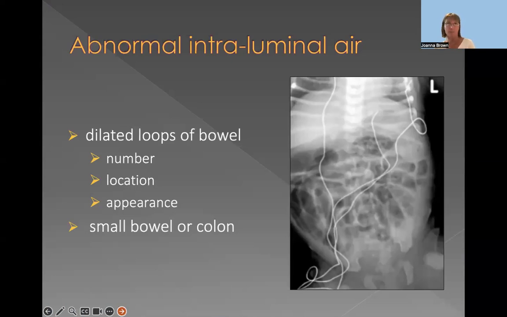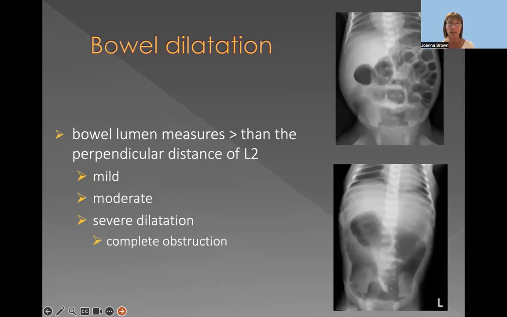So let's leave the stomach and the duodenum, and let's move into the loops of the bowel. When you look at the loops of the small bowel, you should be looking at the number of dilated loops, the location of the loops, and their appearance. We also need to decide whether the obstruction or abnormality is connected with the small bowel or the large bowel.